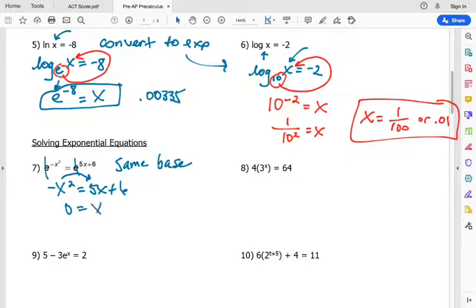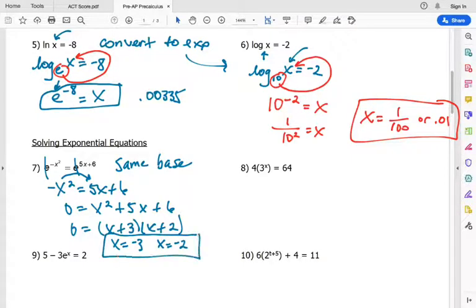So I'm going to move that x squared over by adding it. Now I can factor, and that factors to be x plus 3 times x plus 2. And then setting each factor equal to 0, I get x equals -3 and x equals -2. And those are my solutions, and I need to show both of them.